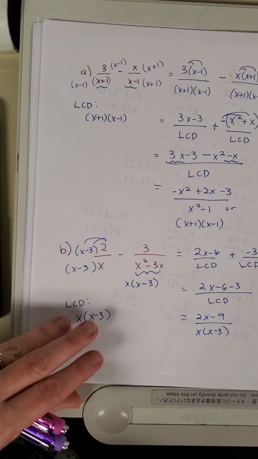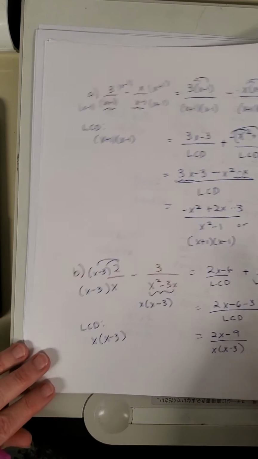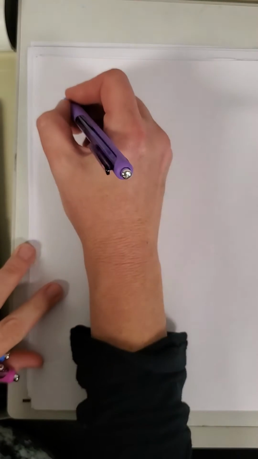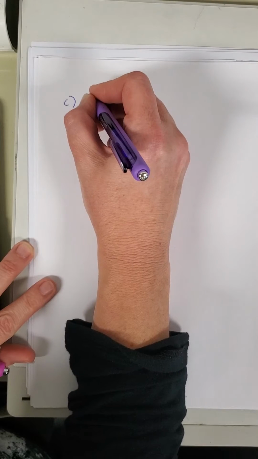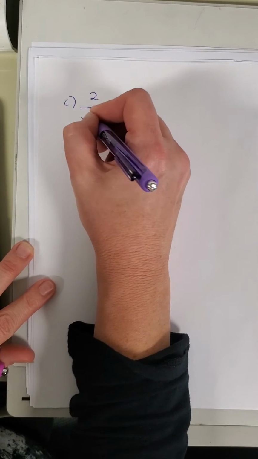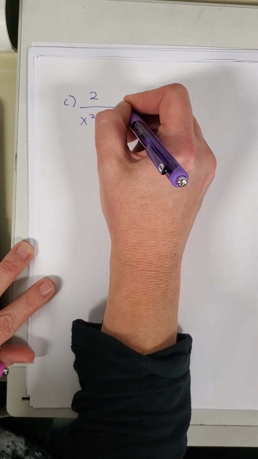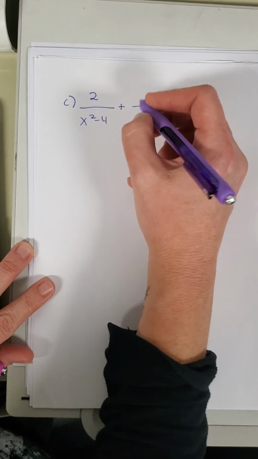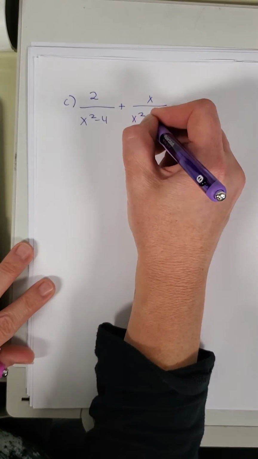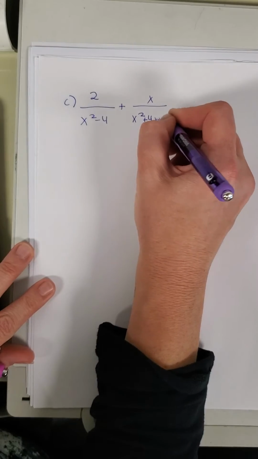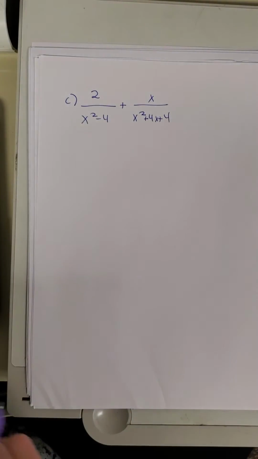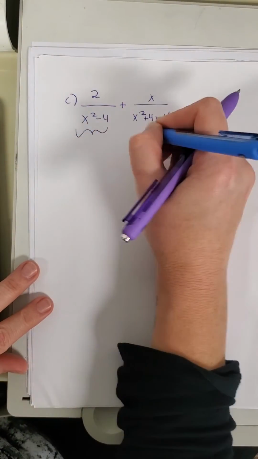All right, let's do C. So C says 2 over x squared minus 4 plus x over x squared plus 4x plus 4. All right, so we're going to factor and factor.